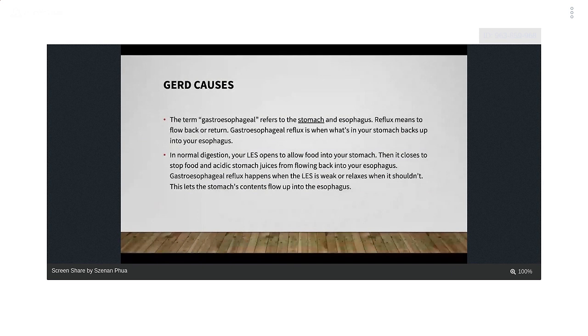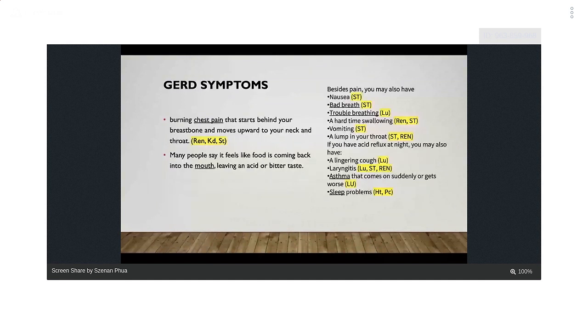So gastroesophageal reflux happens when the LES is weak or relaxes when it shouldn't. This lets the stomach's contents flow up into the esophagus. So this is the cause according to Western medicine. We believe in it. I understand it, so you should understand it too.